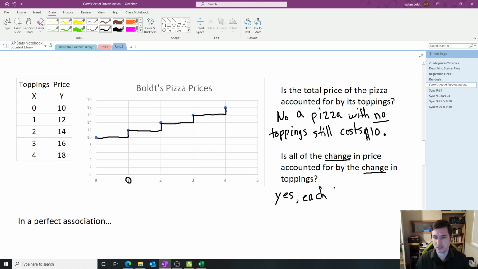Yes, each topping adds exactly $2 to the price.